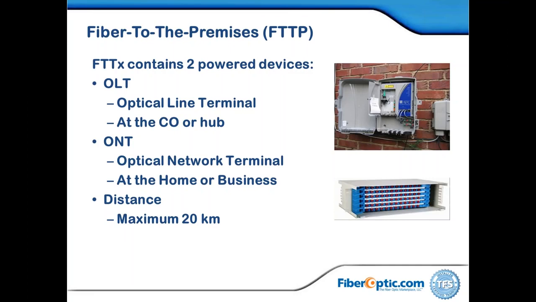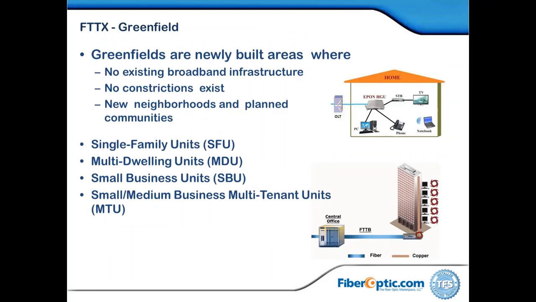The old copper guys call it a NID, some sort of network interface device. It's an ONT, and that's located at the home or the business. That's the second powered device. So as the term indicates, it's a passive optical network, there are no active components from when it leaves the central office until it gets to your home in this case. Now notice that the basic scheme can go passive for up to 20,000 meters from the central office. So that puts a couple basic components into line.